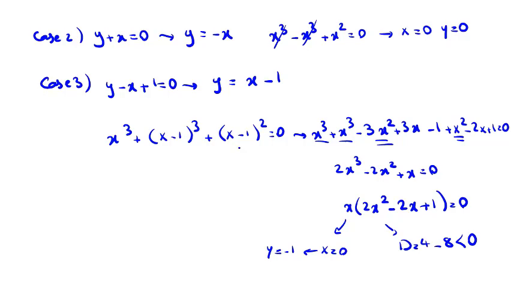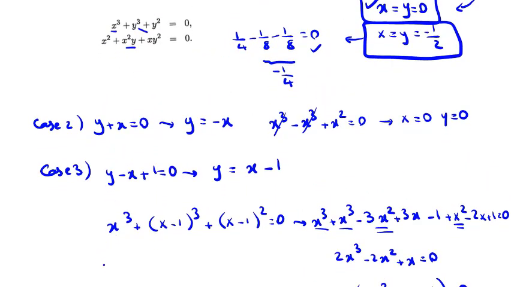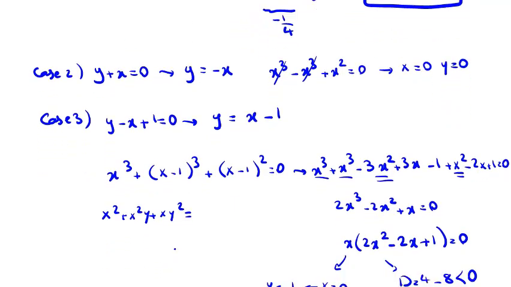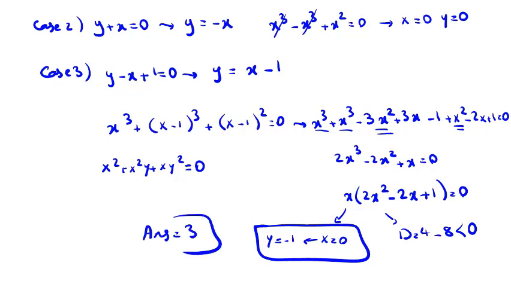So the first equation will be satisfied because we've checked that. For the second equation, x squared plus x squared y plus xy squared, we want to check it. x is 0, so it will be 0. So we found the third answer. So we have 3 answers. So the answer equals 3.